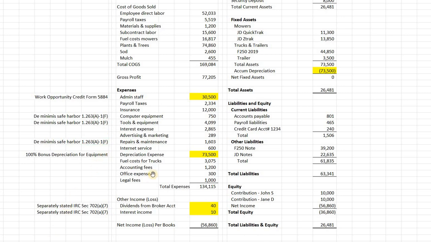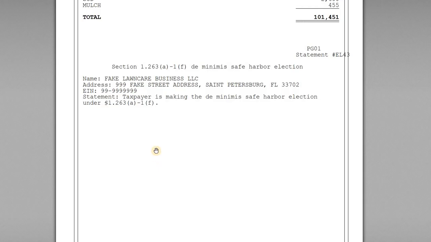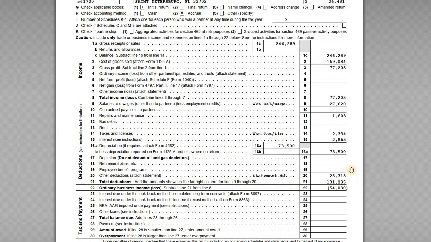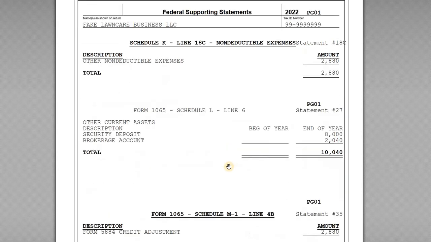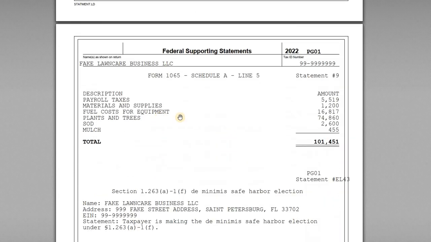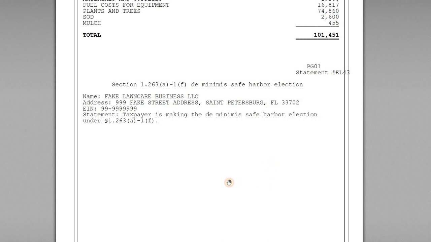1.263(a)-1(f), right? Now, in order to just deduct these costs on your return, you can deduct them as ordinary trade or business costs, right? And so that's what we've done on page 1, is we've included those small tools and equipment and repairs expenses on line 20 for other deductions. But if you want to do that, you also have to include an election statement, which is the de minimis safe harbor election.